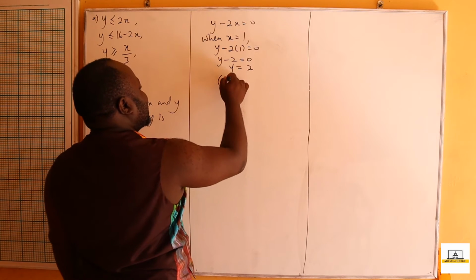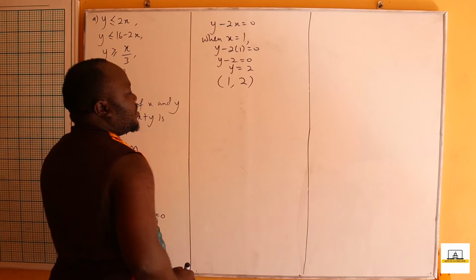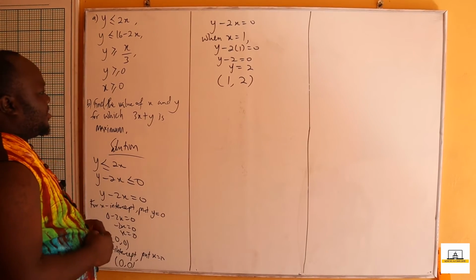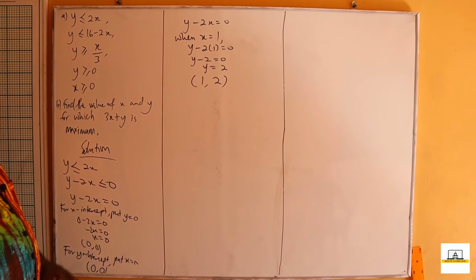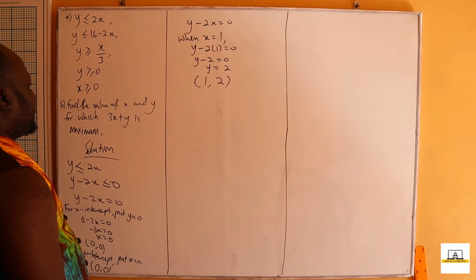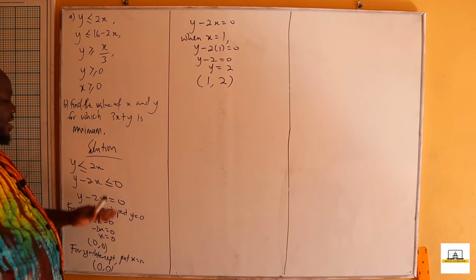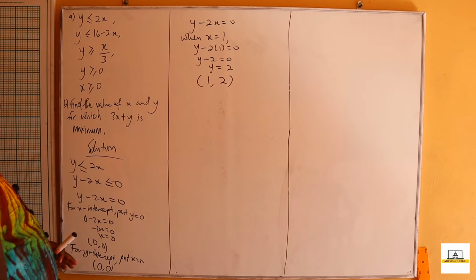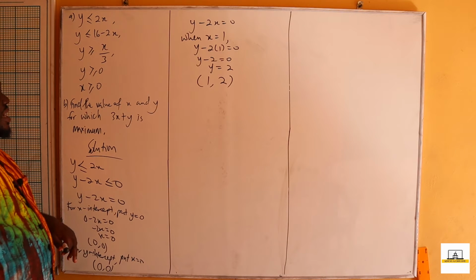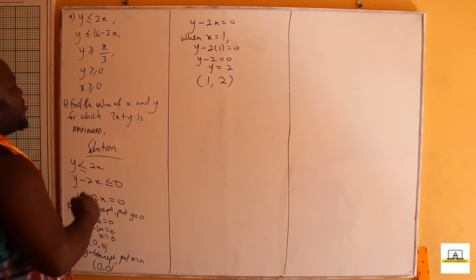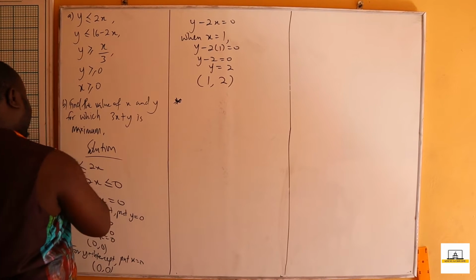So x is 1, y is 2. This is the second coordinate I can find. Apart from (0, 0) passing through the origin, I have the second coordinate as (1, 2). With these 2 points, I can draw the line y minus 2x is equal to 0.